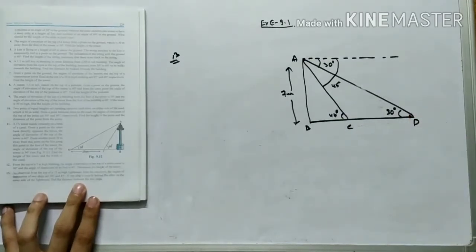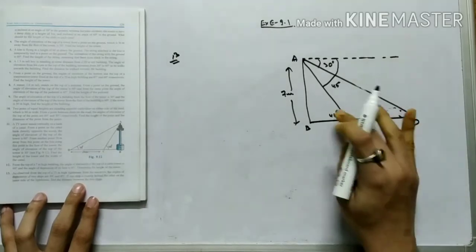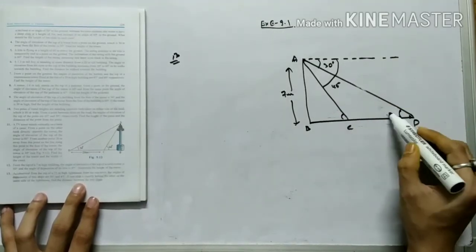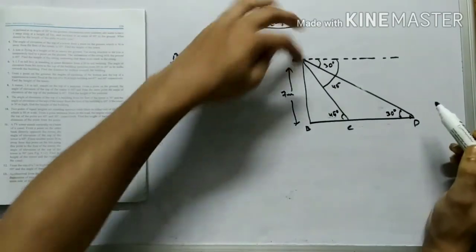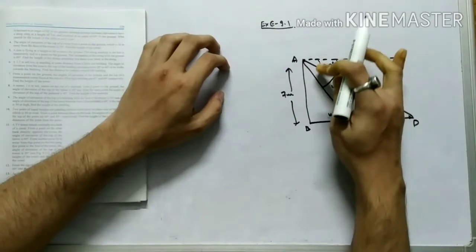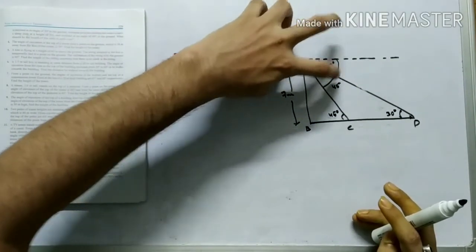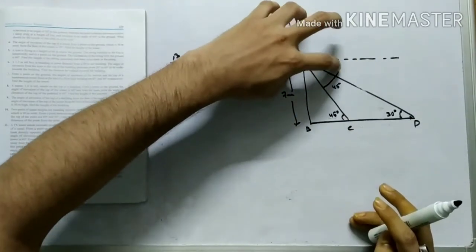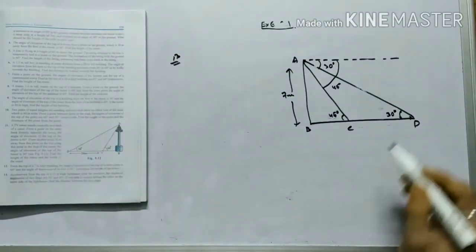Sorry, one thing, actually this will be 30 degree and this will be 45 degree because this is your angle of depression. This angle is equal to this angle, and this whole 45 degree angle is equal to this angle.